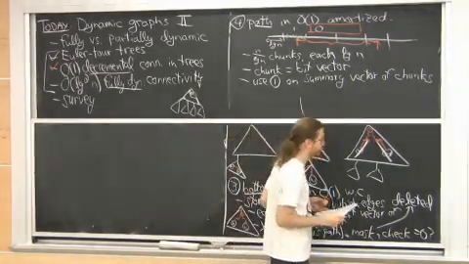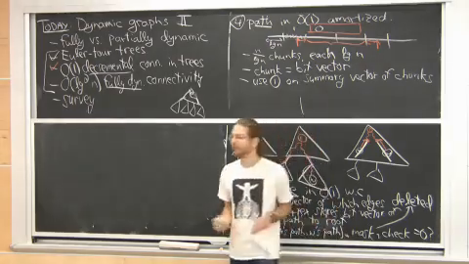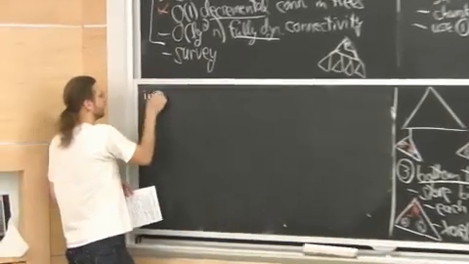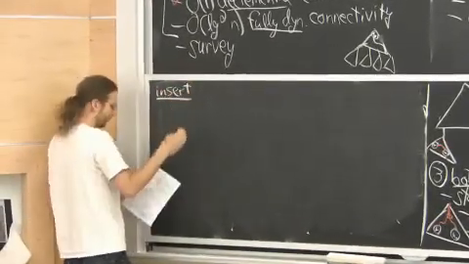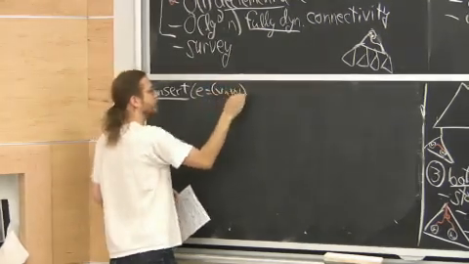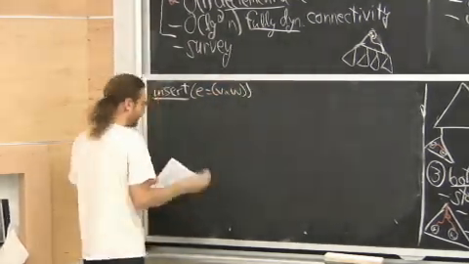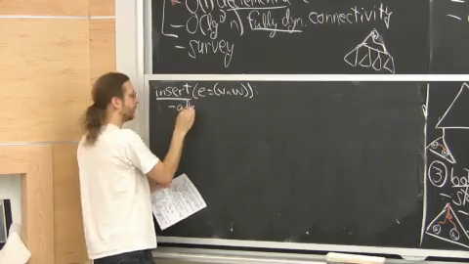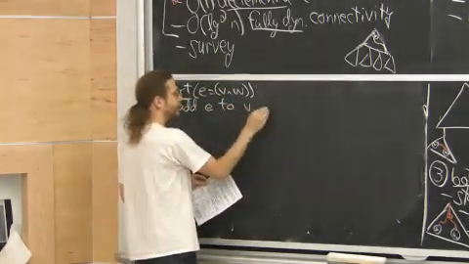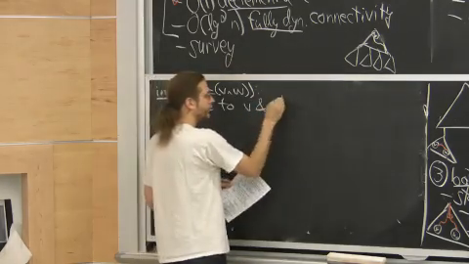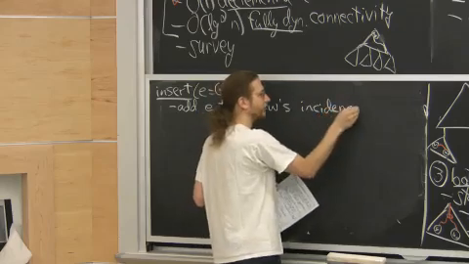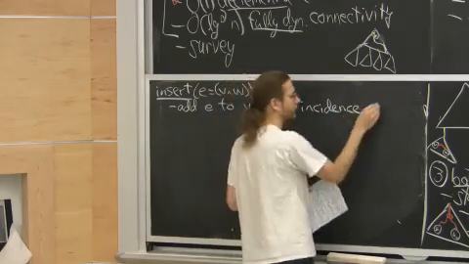OK. Let me quickly say how to do an insert and how to do a query. These are really easy. Delete is really where the action is, but just to make sure we're on the same page, and to introduce a little bit of notation and say a little bit about what we do. We are going to store incidence lists, which is, for every vertex, a list of the incident edges, like a linked list.